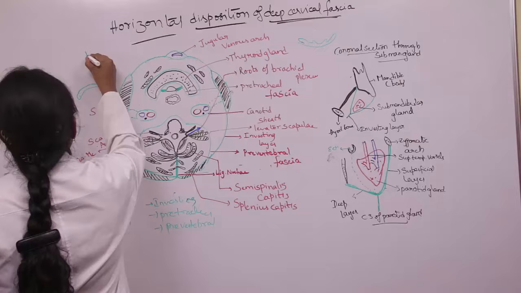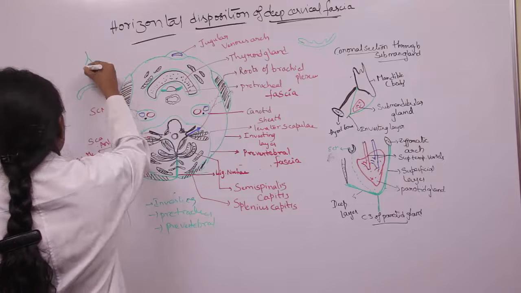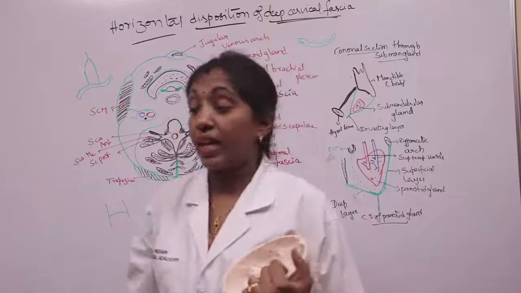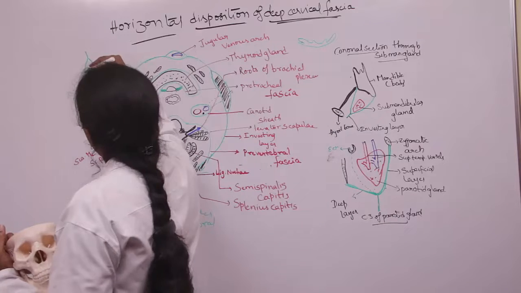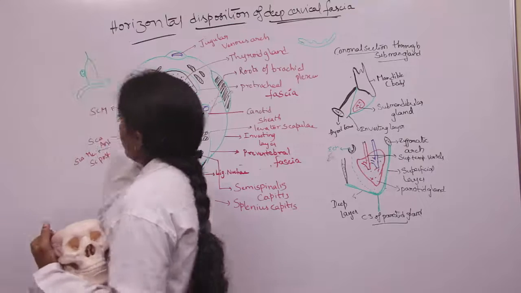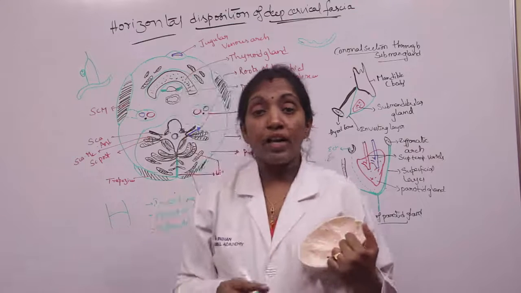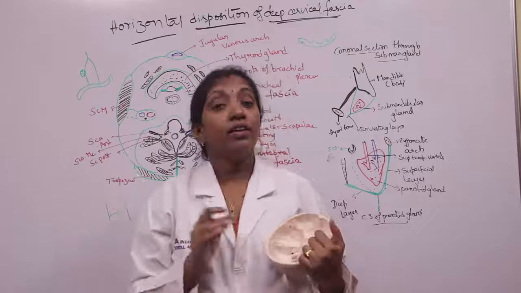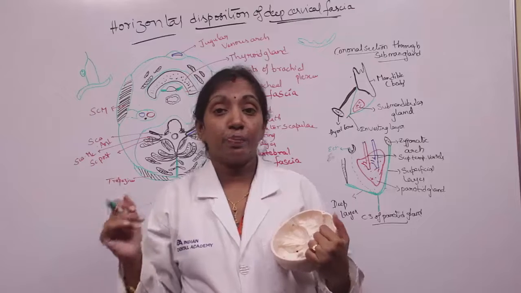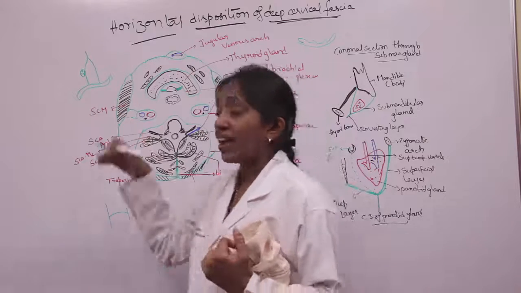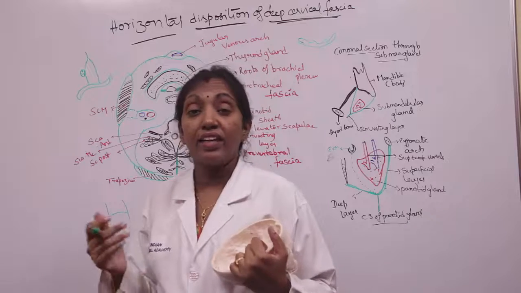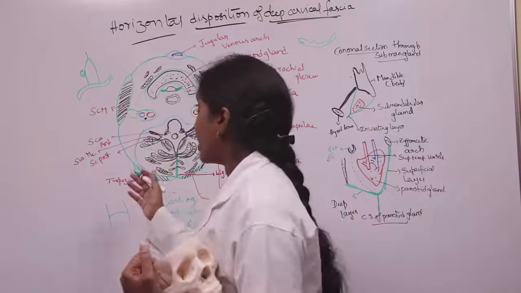The posterior layer also covers the inferior belly of omohyoid and forms the omohyoid fascia. So that's about the supraclavicular space, and in it we can see the anterior jugular veins.